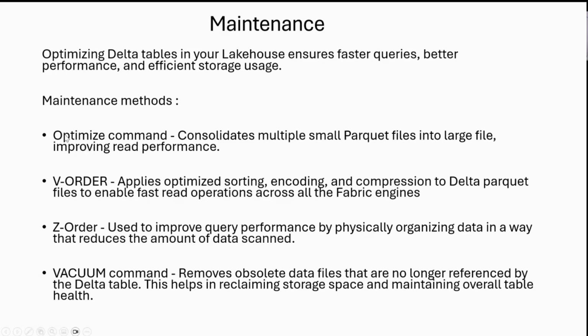First is the optimize command. What the optimize command does is consolidate multiple small Parquet files into a large file, thereby improving reading performance, because that single large file has metadata that can be read once rather than reading the metadata across different files multiple times.